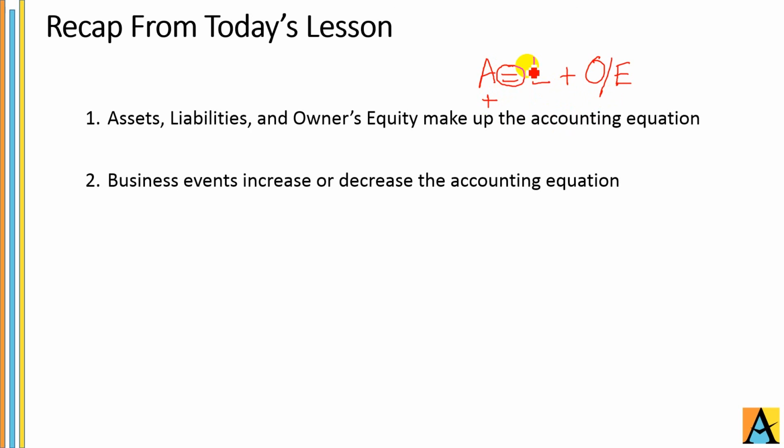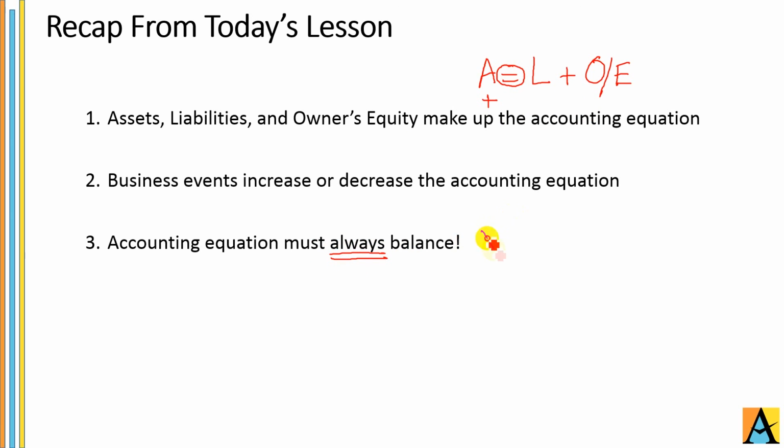And that leads me into our third point, that the accounting equation must always balance. If nothing else, be sure to take this away from today's lesson, because just by knowing that these things have to balance, you'll be able to catch a lot of errors that you might make later on.